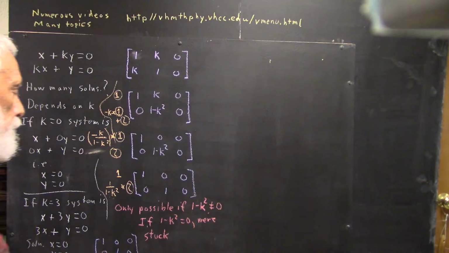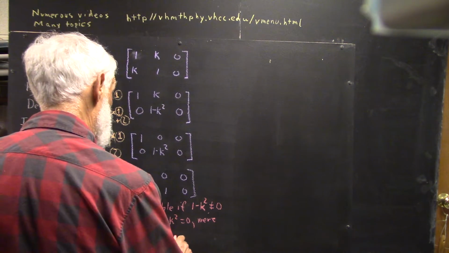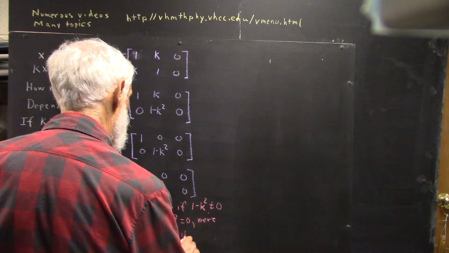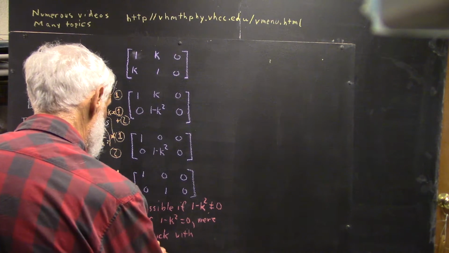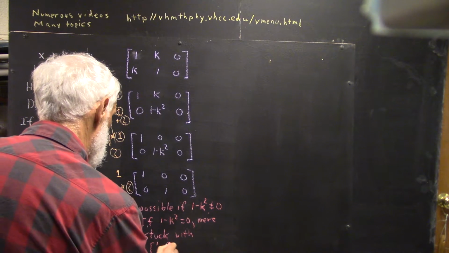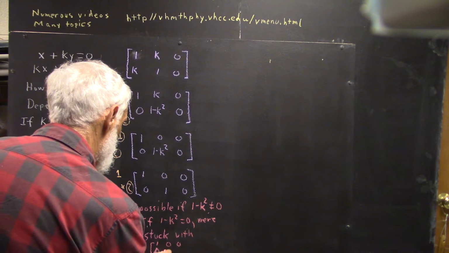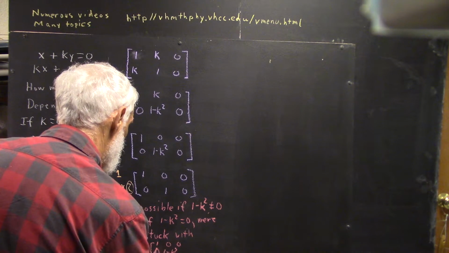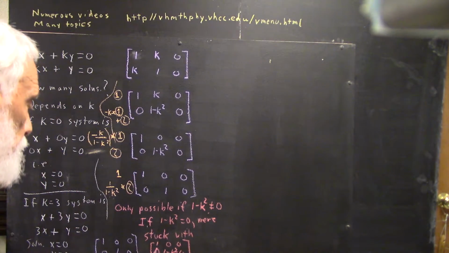If 1 minus k squared equals 0, we're stuck with this matrix: 1, 0, 0, 1, 0, 1 minus k squared, 0.